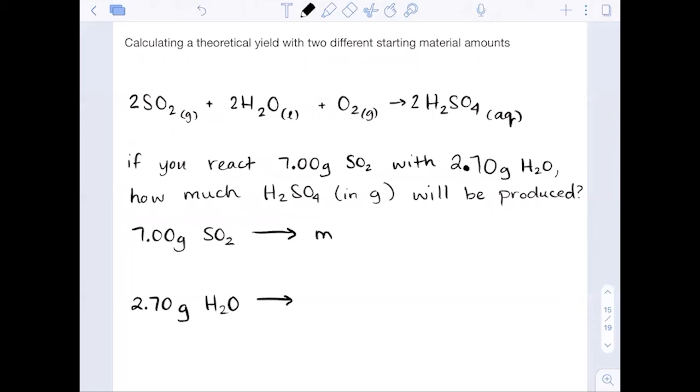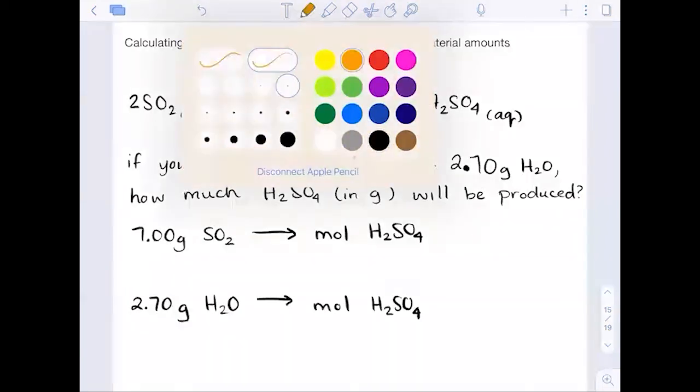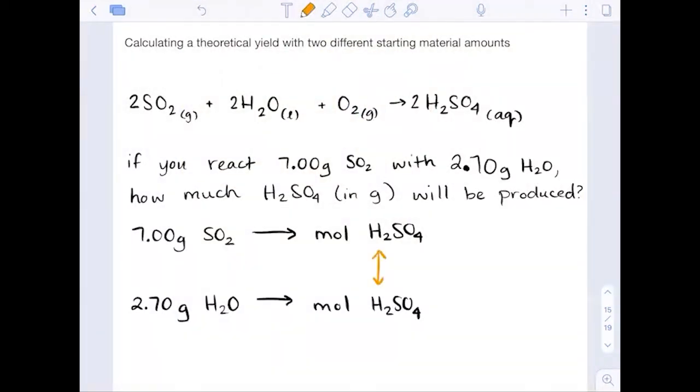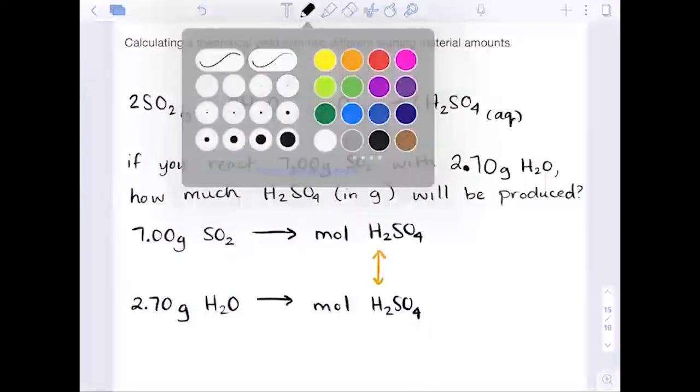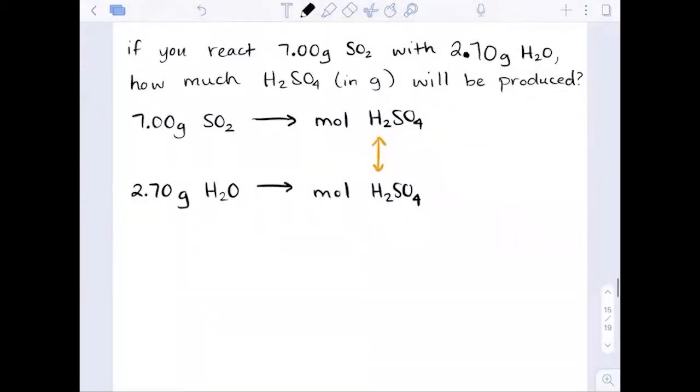What I want to get them to is moles of the same thing, moles of H2SO4. Then I can say, in the comparison here, which one is my theoretical yield? Now, the theoretical yield will be the one based off of the limiting reactant. So let's go ahead and try that out.